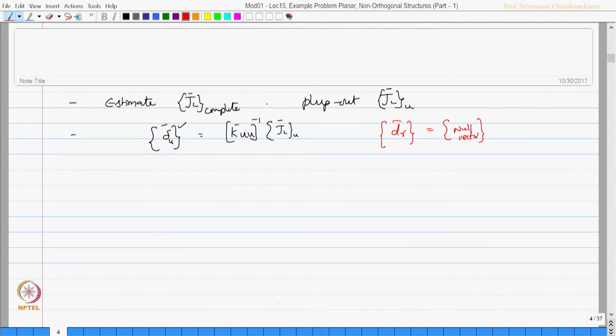After obtaining delta U, one can calculate the m bar of every member, that is the global end moments and shears of every member, from simply K bar of every member multiplied by delta bar of every member plus any fixed end moment of every member in global terms. So, we have to do this and identify the end moments and end shears.